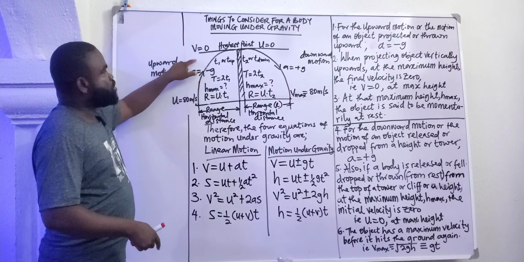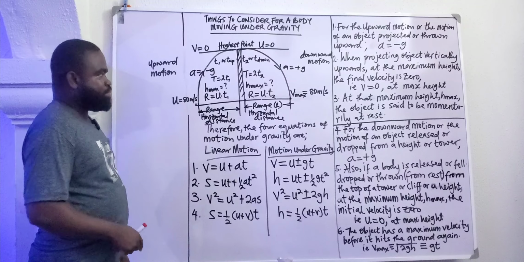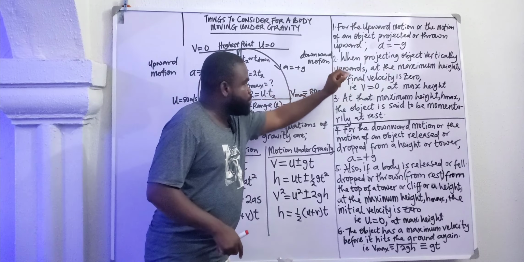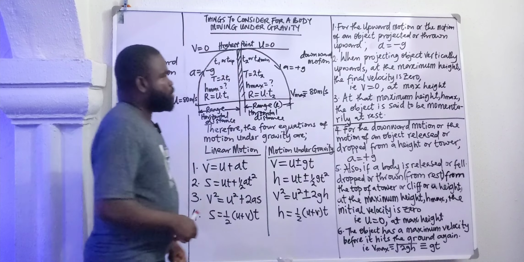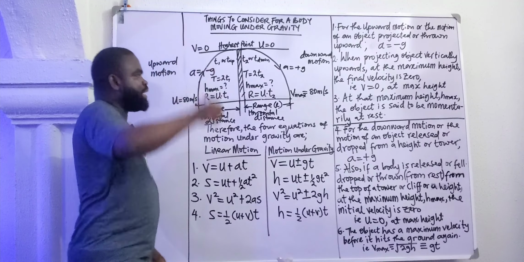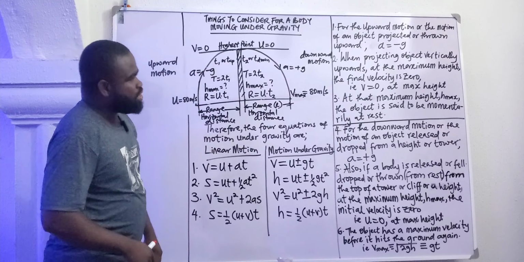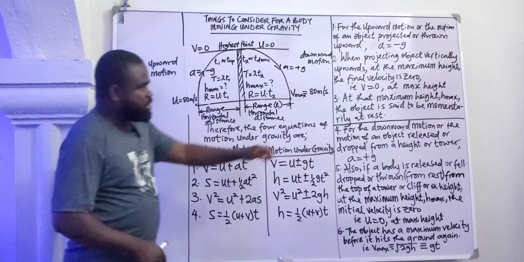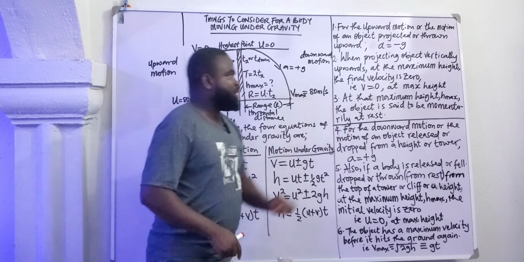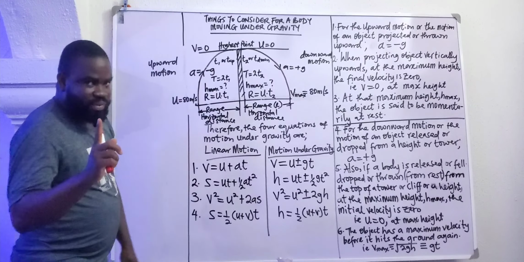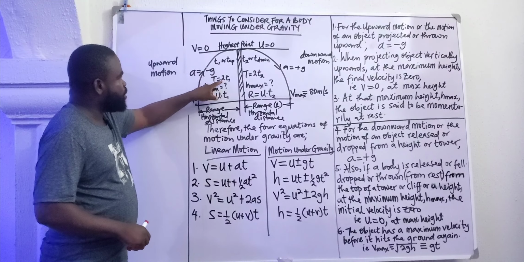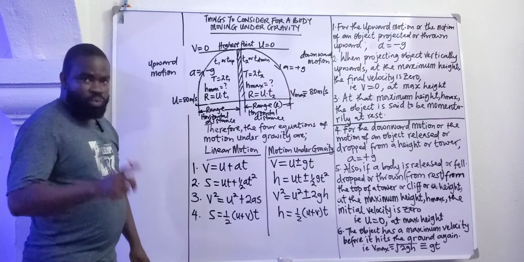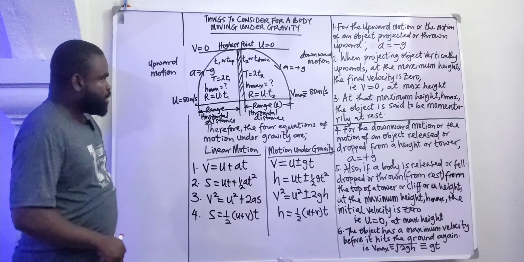From u it will reduce until it becomes 0 at the maximum height. Two, when projecting an object vertically upwards, at that maximum height, the final velocity is 0. So this statement, v equals 0 at maximum height, is very important. You take note of it. When we are obtaining the formula for each of these half equations, we will use it.